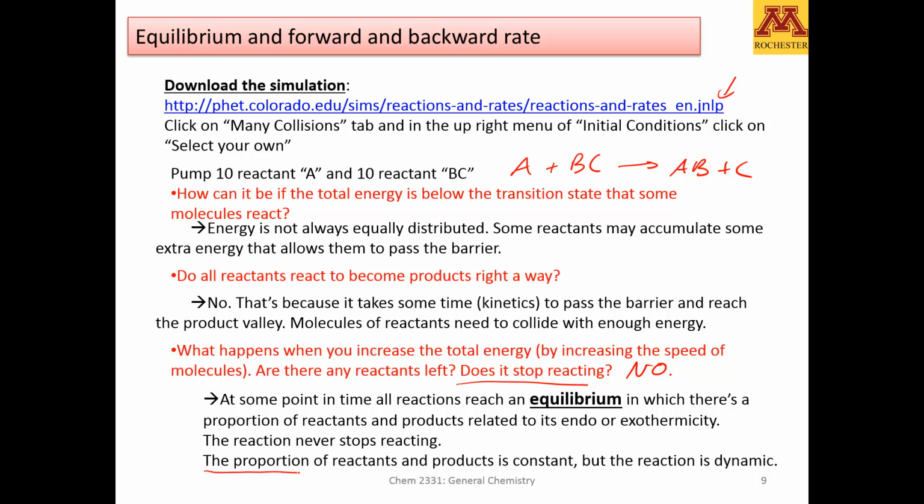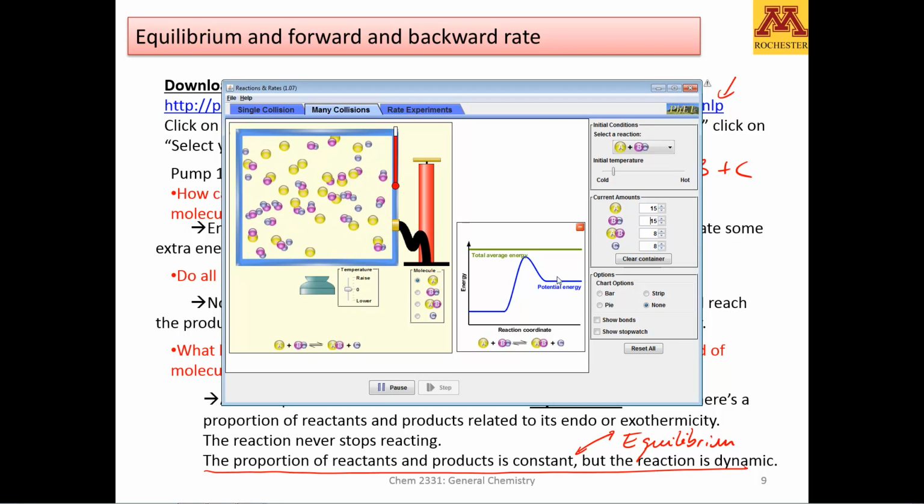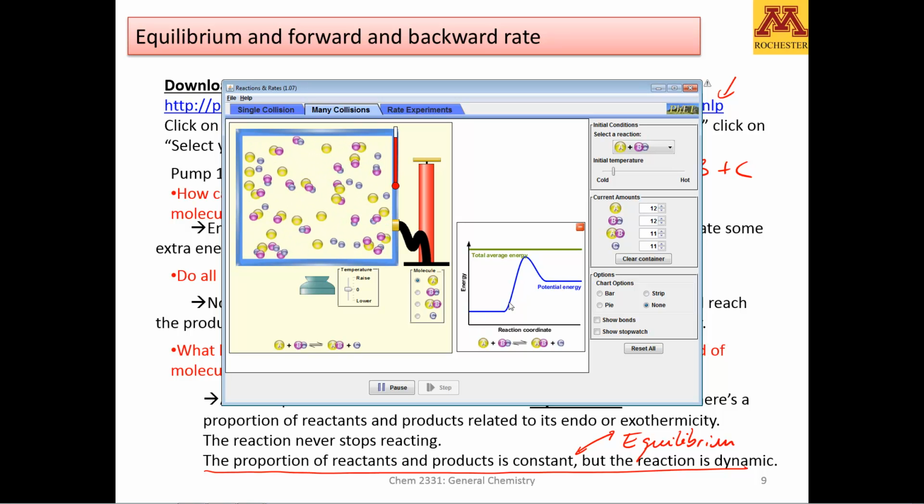Okay, so I'm going to underline what I just said here. The proportion of reactants and products at some point is constant, but the reaction is dynamic. When you reach this situation, we call this equilibrium. The equilibrium situation for a reaction takes a while to reach, and the proportion of reactants and products will be related to how stable reactants and products are.